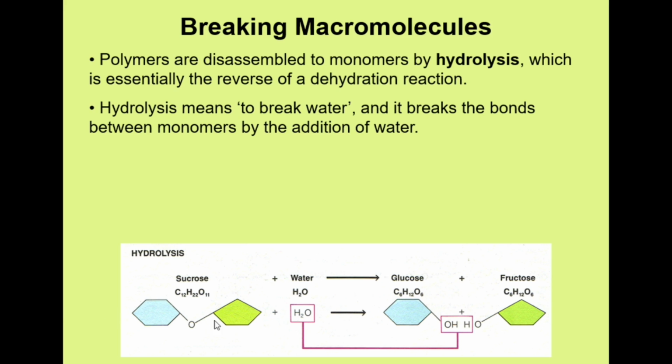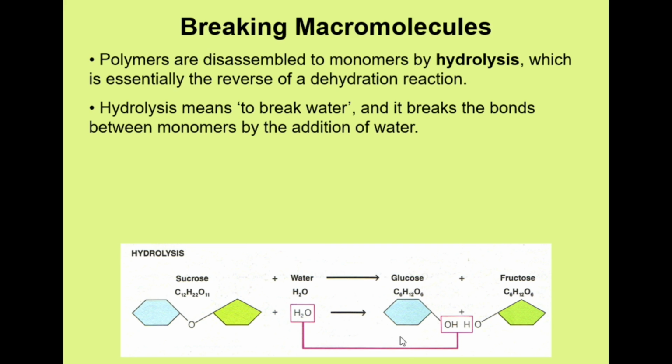Obviously, then we come along and we consume the sucrose, but again, this is too big to get into our bloodstream, so we have to first break them apart into their monomers, into the glucose and fructose. We do that through the help of an enzyme again, but we also need a molecule of water. So H2O comes along, the enzyme will break the glycosidic link, and then it will take one of the hydrogens from H2O and add it to the oxygen attached to the fructose, and then the other hydrogen and the oxygen from the water molecule forms our hydroxyl group, which is then covalently bonded to the carbon of the glucose.